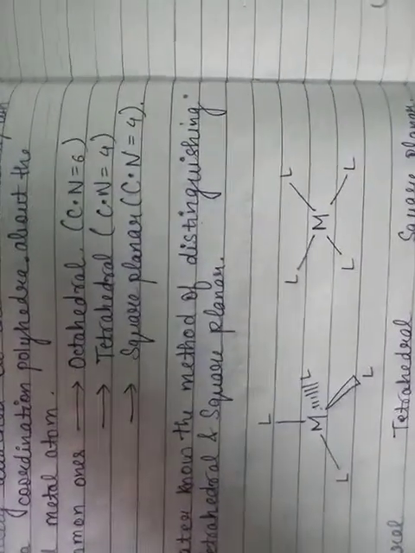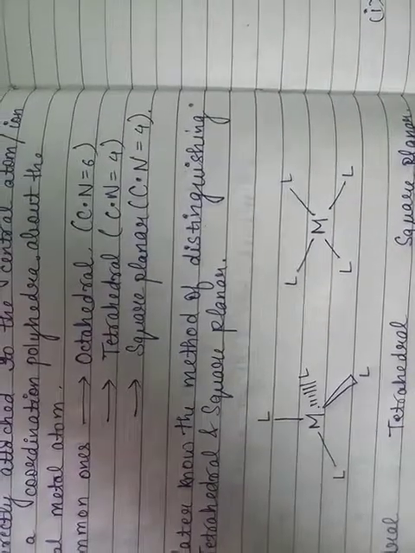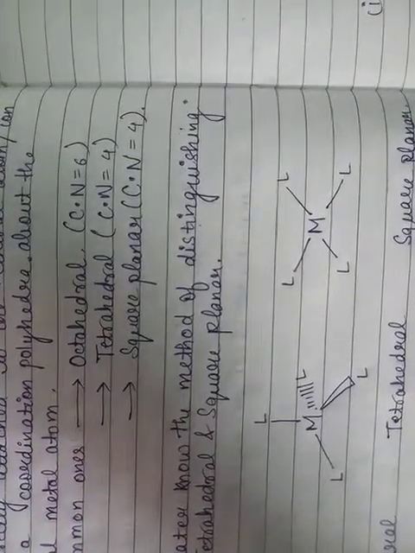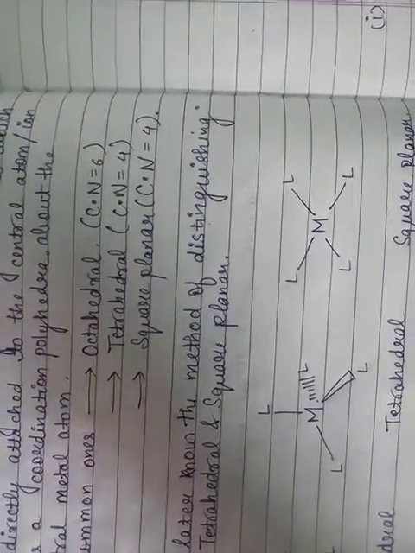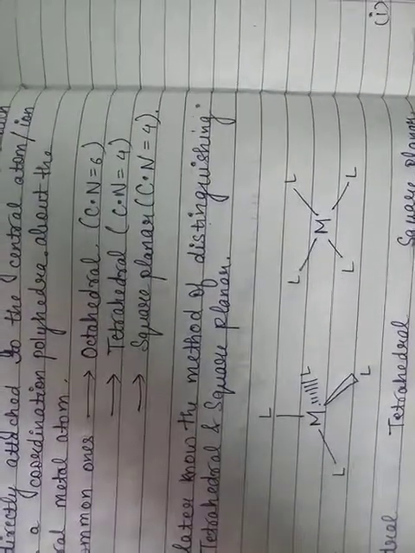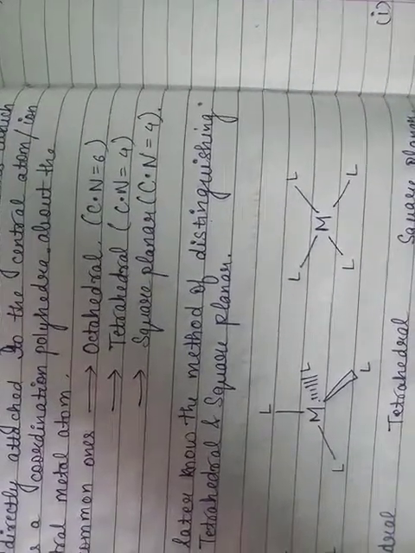So if you find the coordination number of a coordination compound to be 4, you can say that the compound is either tetrahedral or square planar. And if the coordination number comes out to be 6, it is an octahedral compound.